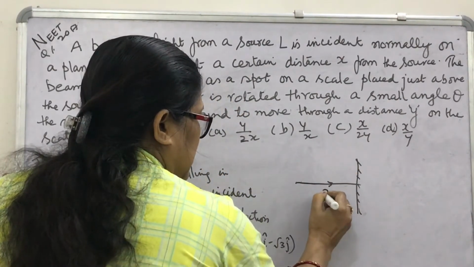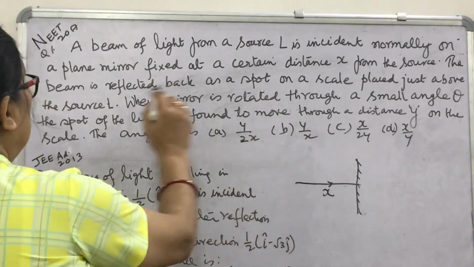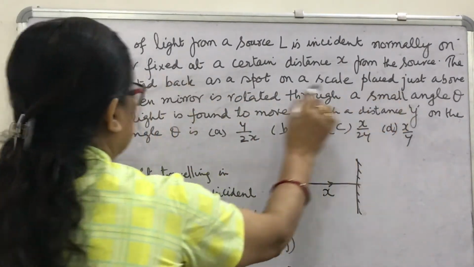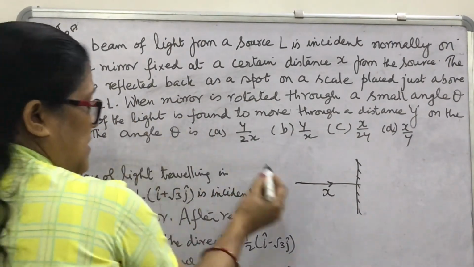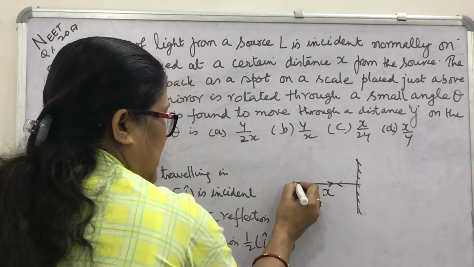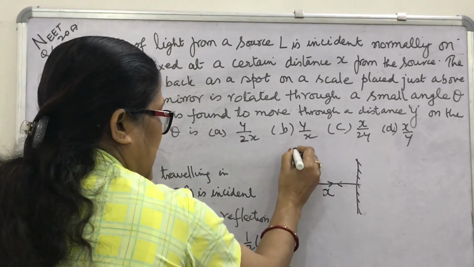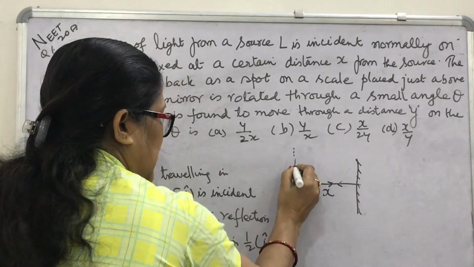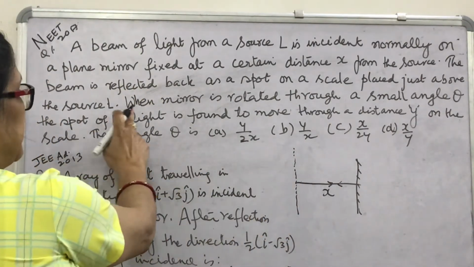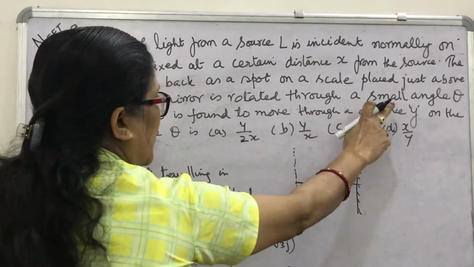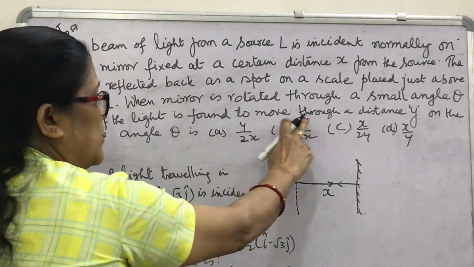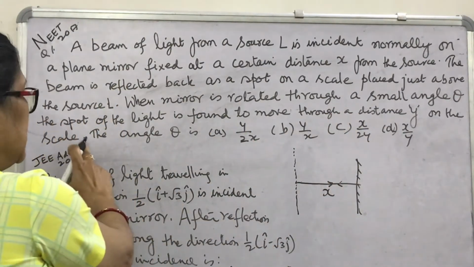So this distance is x. The beam is reflected back as a spot on a scale placed just above the source L. Since it is falling normally, it will be reflected back, and here on the scale it comes here. What happens when the mirror is rotated through a small angle theta?